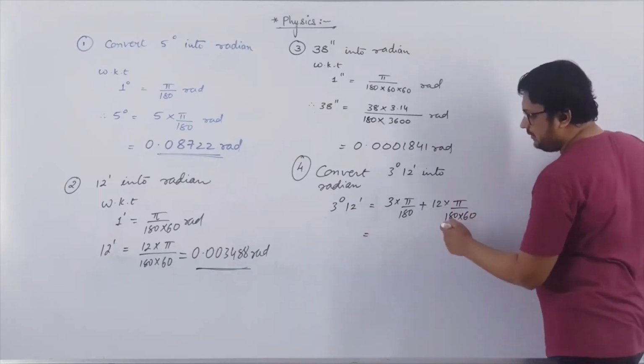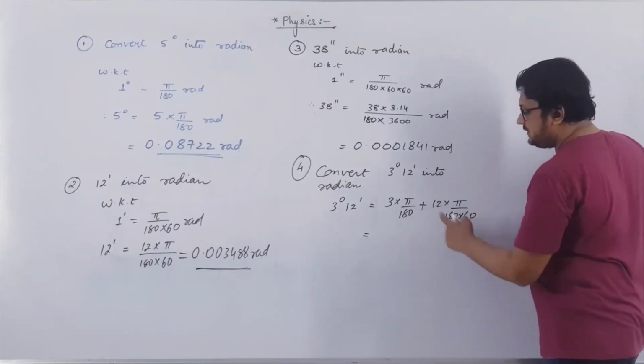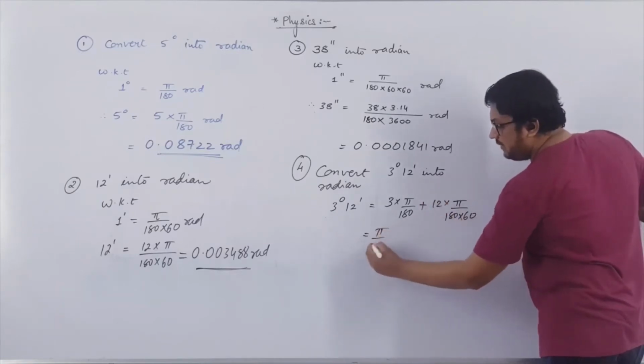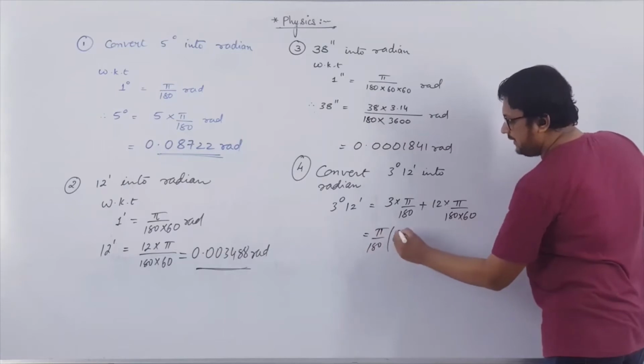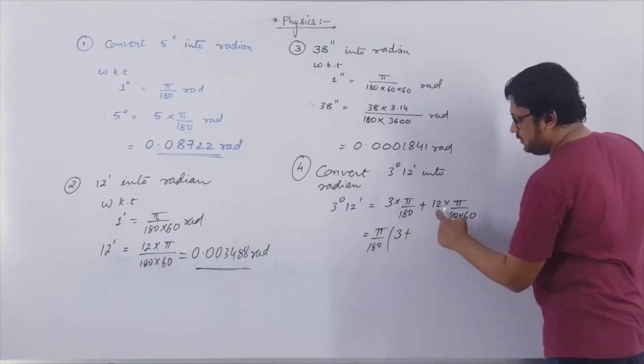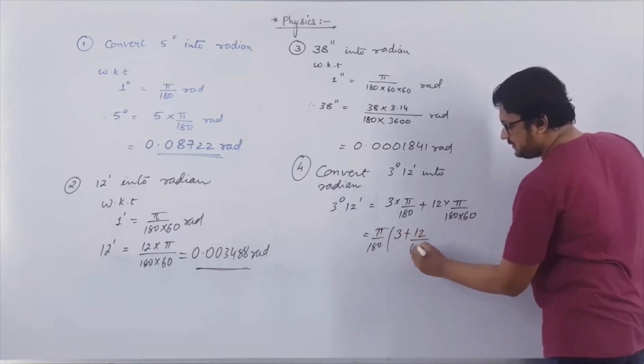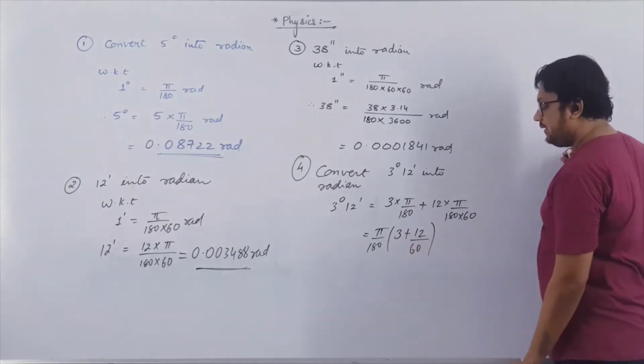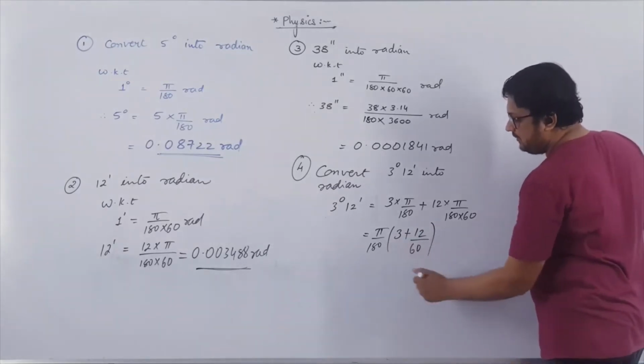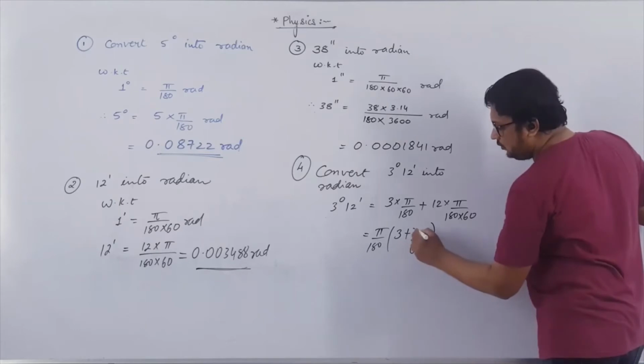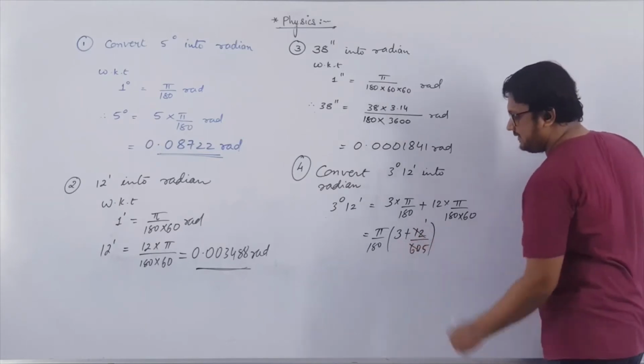So this will be equal to, let us say, pi by 180 common. In bracket 3 plus 12 by 60, right? If you cross multiply this, 12 ones are 12, 12 fives are 60.